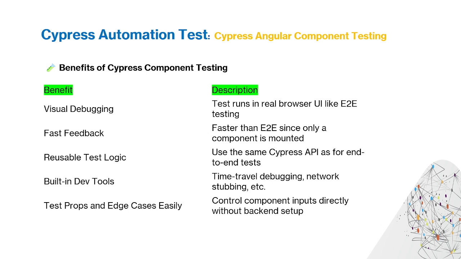Reusable test logic: use the same API calls as for end-to-end tests. Built-in DevTools, time travel debugging, network stubbing, etc. Test props and edge cases easily. Control component imports directly without backend setup.